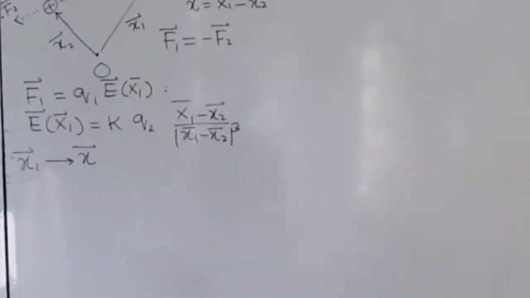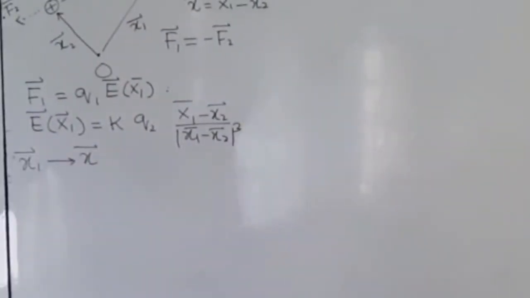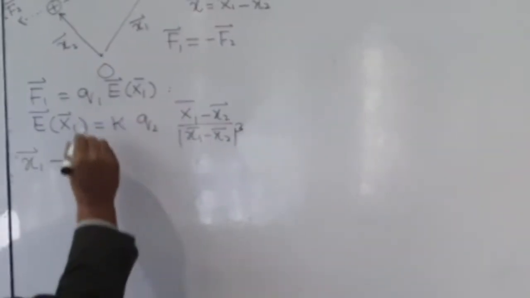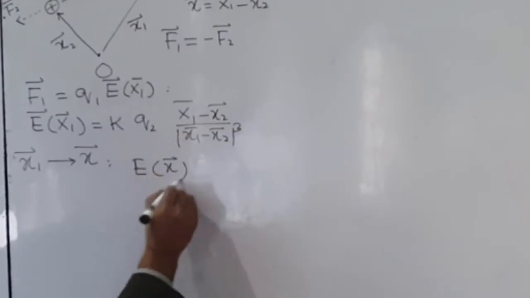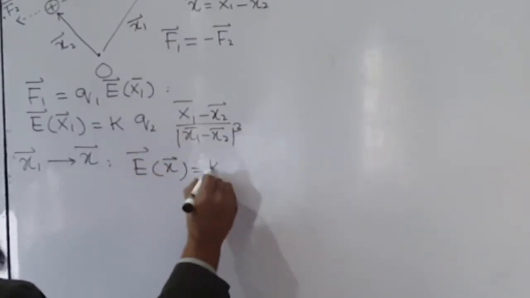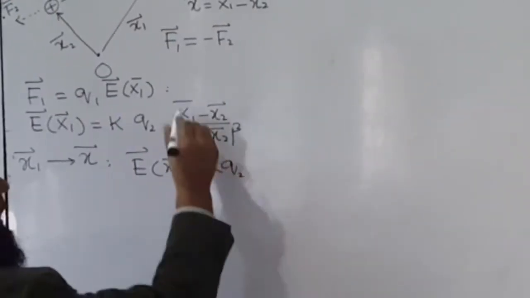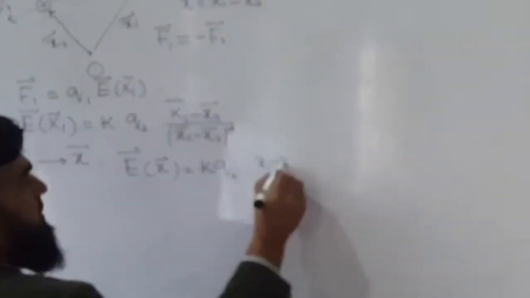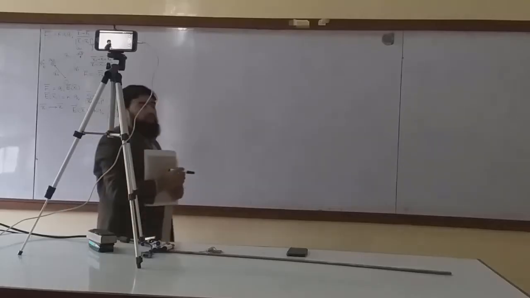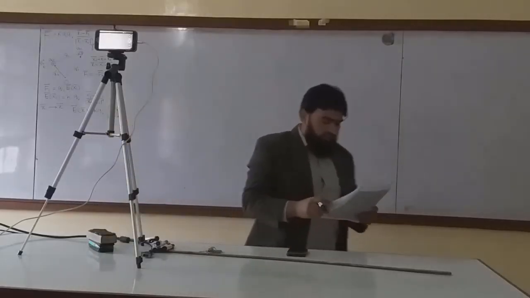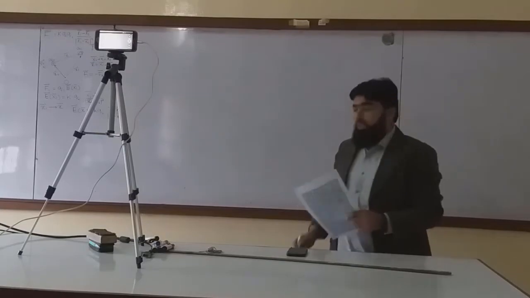If I want to find the field at any point x, then just replace x1 by x, and we will have E(x) equal to k Q2 (x minus x2) divided by |x minus x2| cubed. This will be the electric field at any point x, at any distance x.